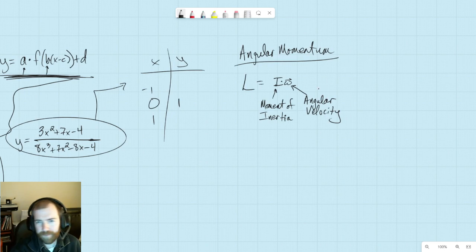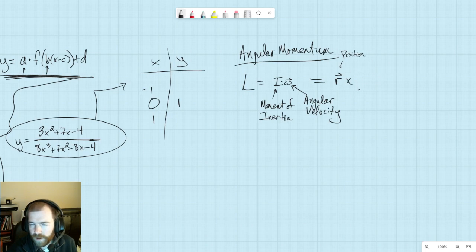Anyway. Alright, so if you don't like moment of inertia and angular velocity, that's okay because there are other formulations, including the cross product of the position vector r crossed with the momentum vector.